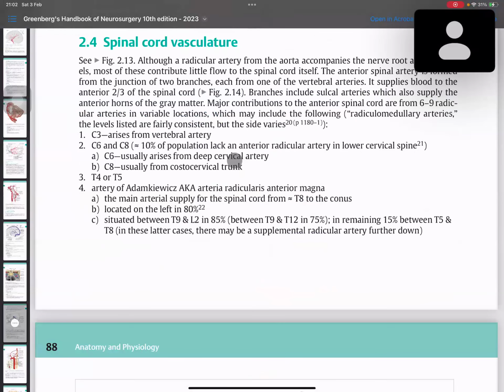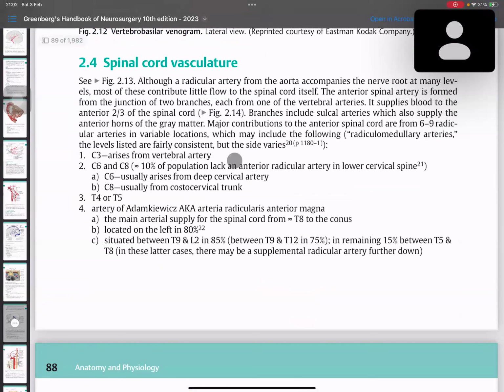Let's now talk about the spinal cord vascularization. Like I said earlier, part of it comes from the vertebral artery. The anterior spinal artery comes from both vertebral arteries and joins at the level of C2, C3, running anteriorly along the spinal cord.